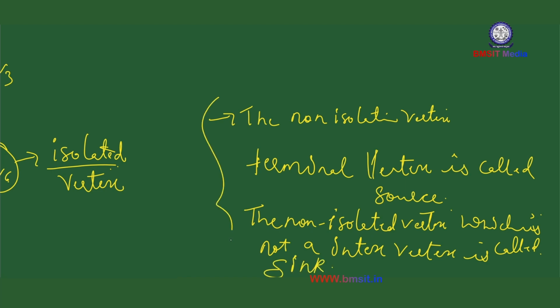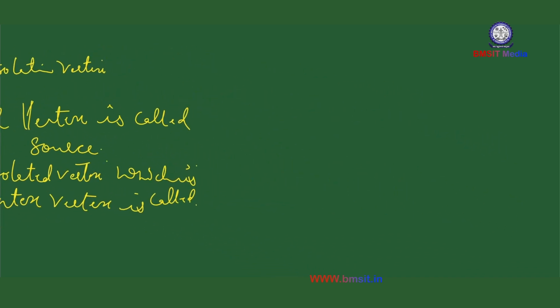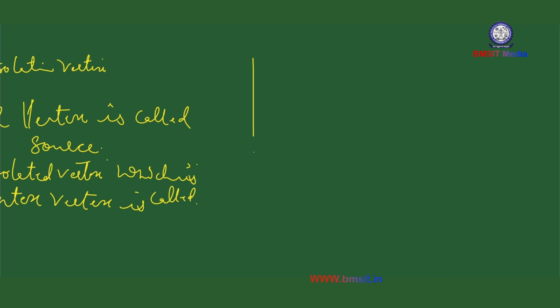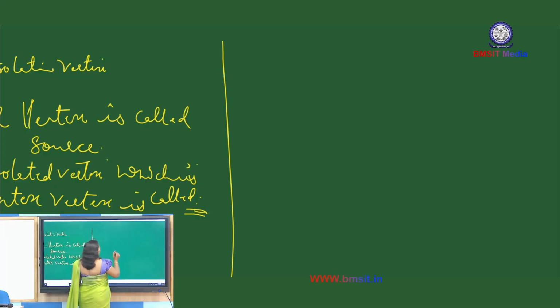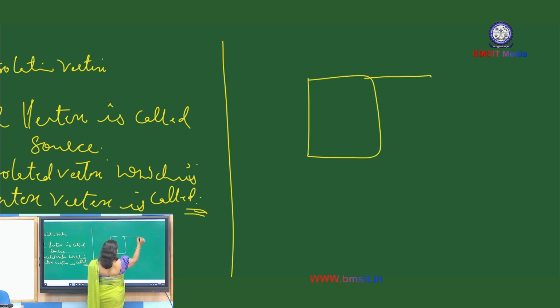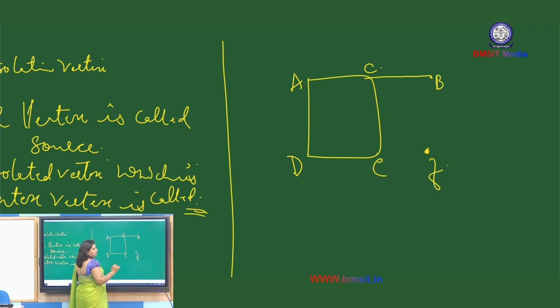So for this, I'll show you an example of how you can understand this graph. We got to know what is an isolated vertex. Now we'll see what is a source and what is a sink. In a graph, for example, I call this B, this A, this C, and this D and E, and I have one more vertex, that is the isolated vertex.